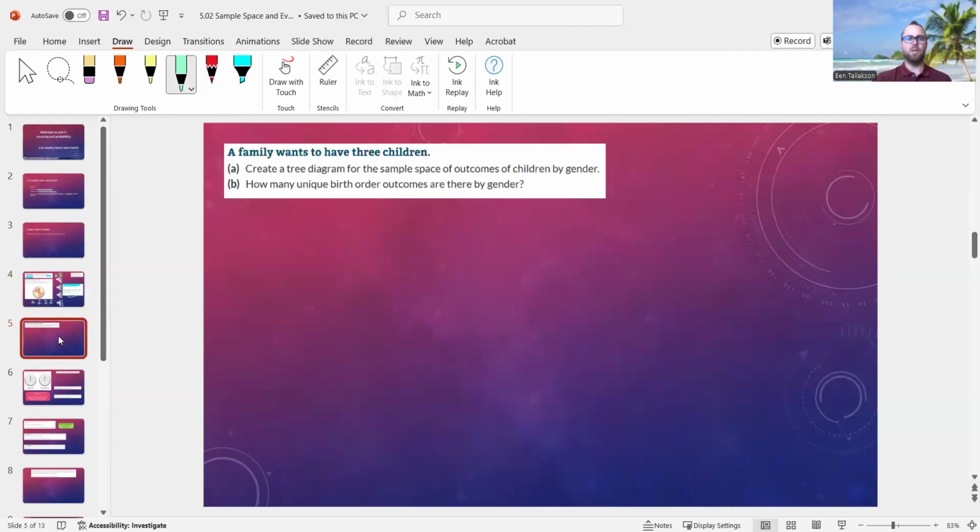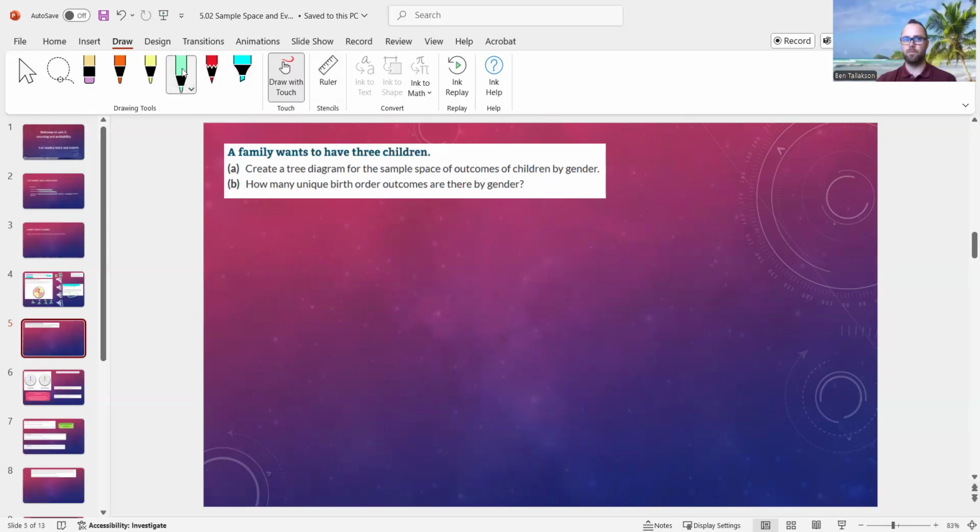Now, let's see if you can draw your own tree diagram. A family wants to have 3 children. A tree diagram is what we need to create for this sample space of outcomes of children by gender. So, of course, we're talking about babies here in this example. Can you do it?